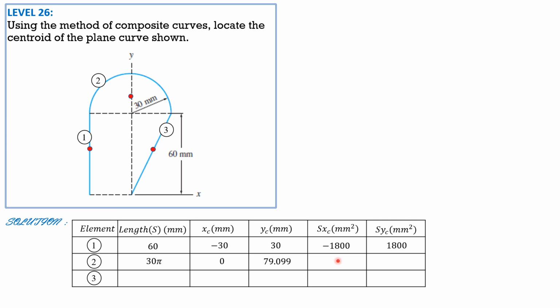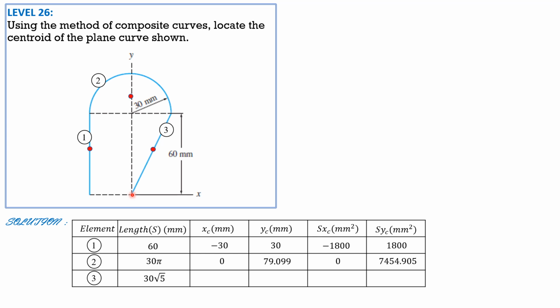Then the product 30 pi times 0, so it's 0. 30 pi times 79.099, it's 7454.905 mm squared.